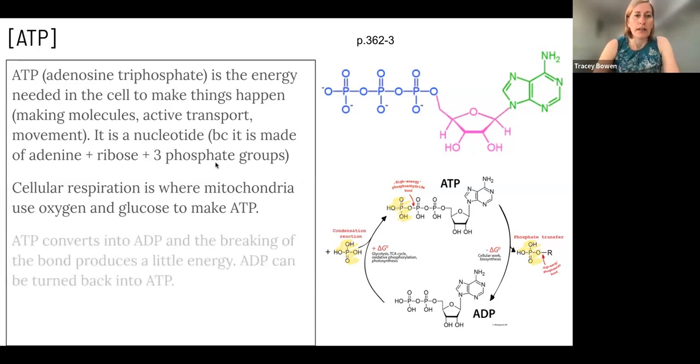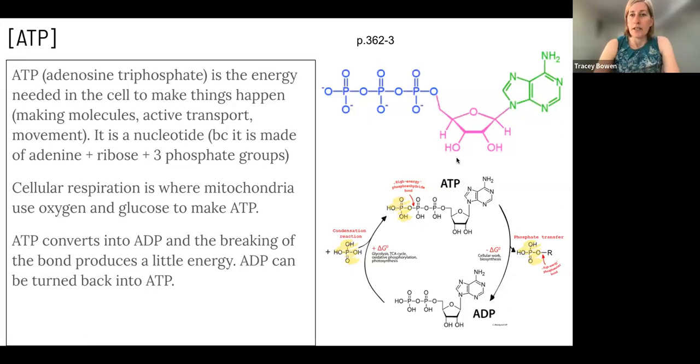ATP being broken down into ADP produces a tiny amount of energy, but it's enough for the cell to work. And if it was making more energy, actually too much heat would be generated by the body, and then you would rapidly overheat. So the way that the energy is made is by this bond breaking, from when one of the phosphate groups gets broken off, that produces a little energy.